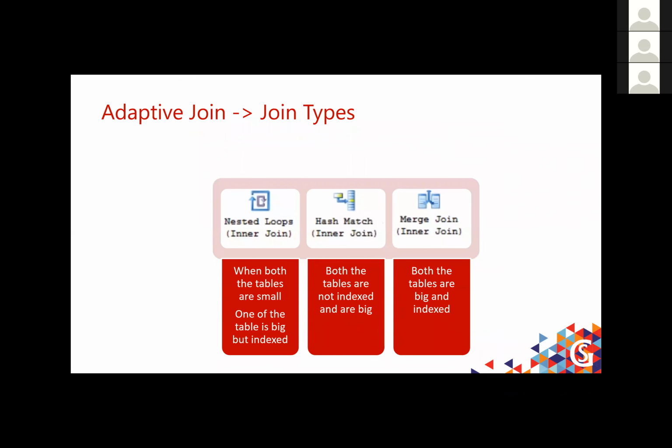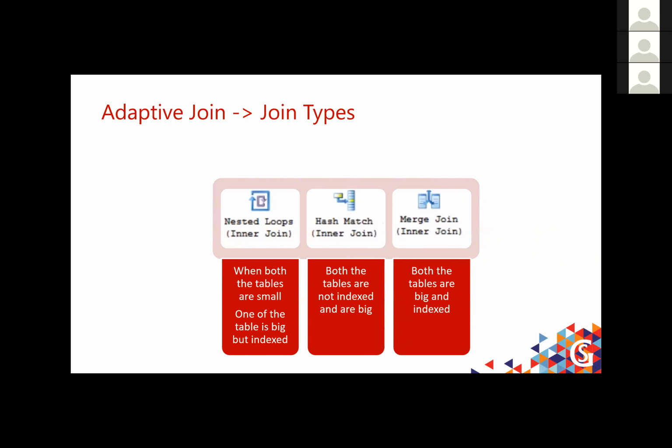Before getting into adaptive joins, first I would like to touch upon certain fundamentals. Here are some very simple fundamentals on the three types of join operators available within SQL Server. For most of you who already know, please bear with me for this slide. But for the folks who do not know, we have three types of join operators. These are internal algorithms, or execution plan operators, which SQL Server uses to process joins.